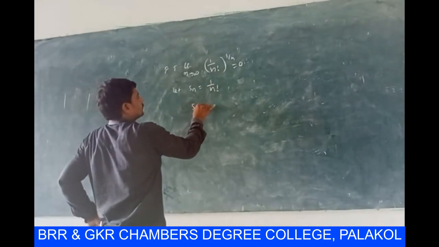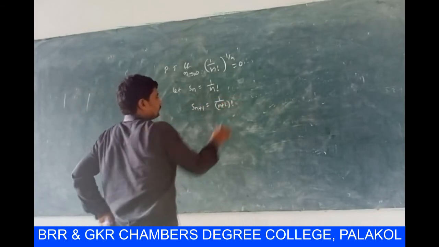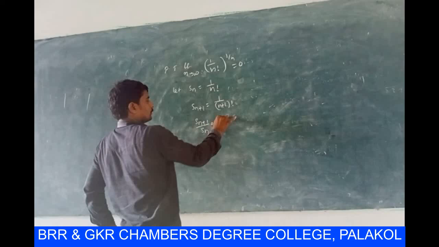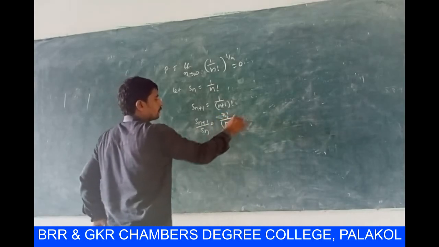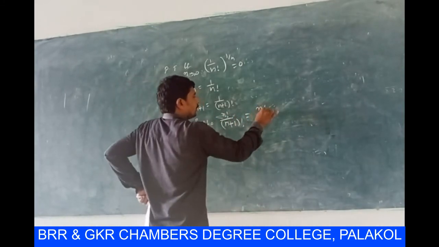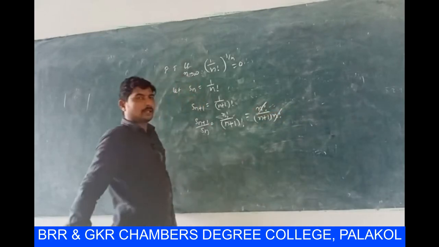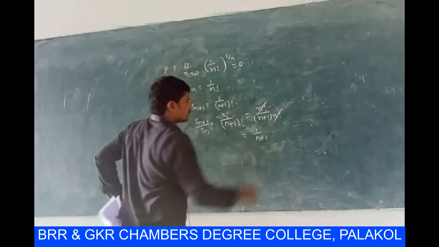From this Sn plus 1 is equal to 1 by n plus 1 factorial. Take the reverse, that is Sn plus 1 by Sn is equal to n factorial by n plus 1 factorial. That is equal to n factorial by n plus 1 into n factorial. n factorial will be cancelled. That is equal to 1 by n plus 1.